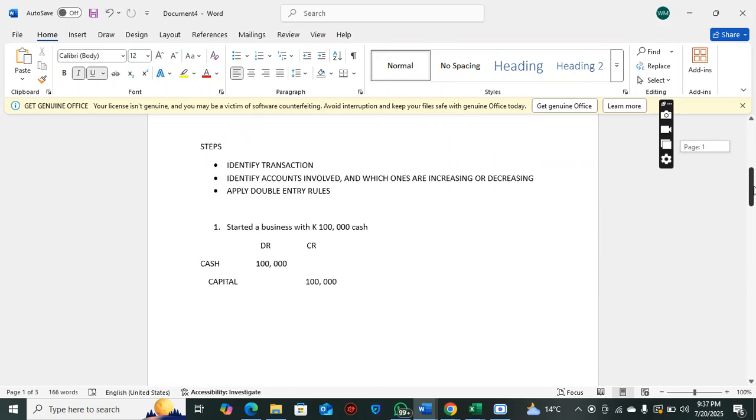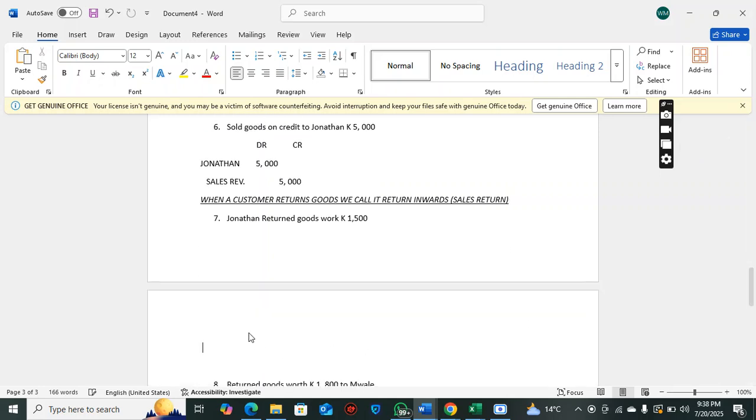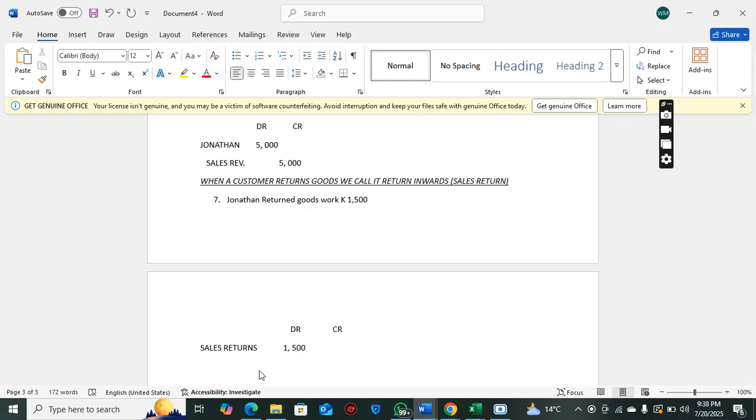So you're going to debit sales returns 1,500, reduction in revenue. Then you're going to credit Jonathan 1,500, reduction in an asset. Basically, how much is owing you has reduced. Yes. Any questions?